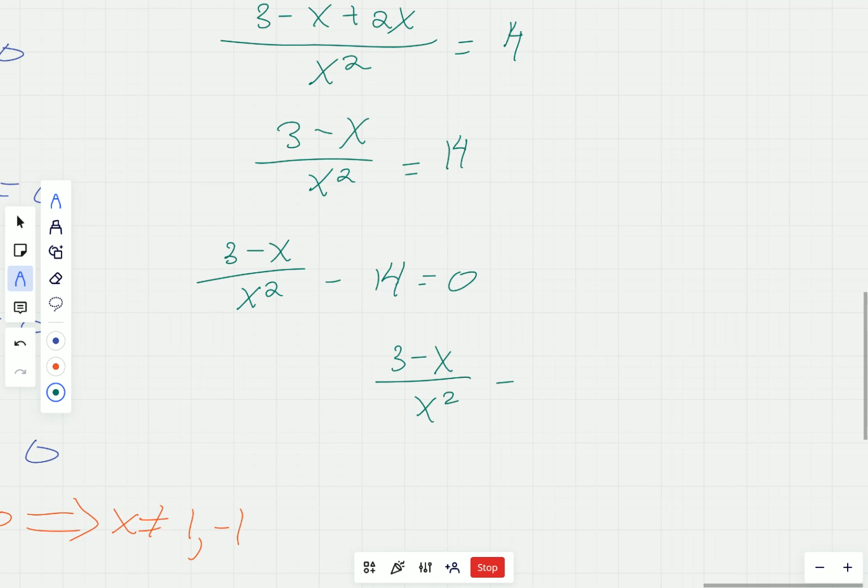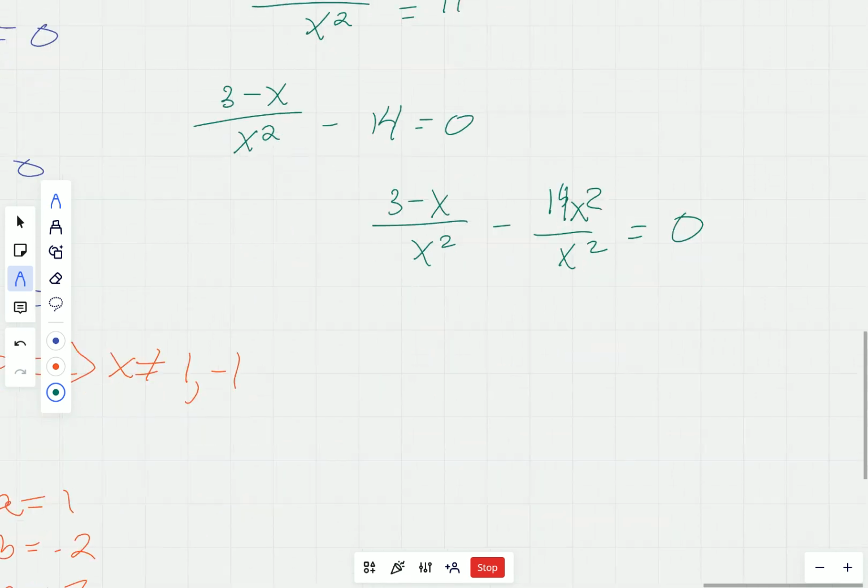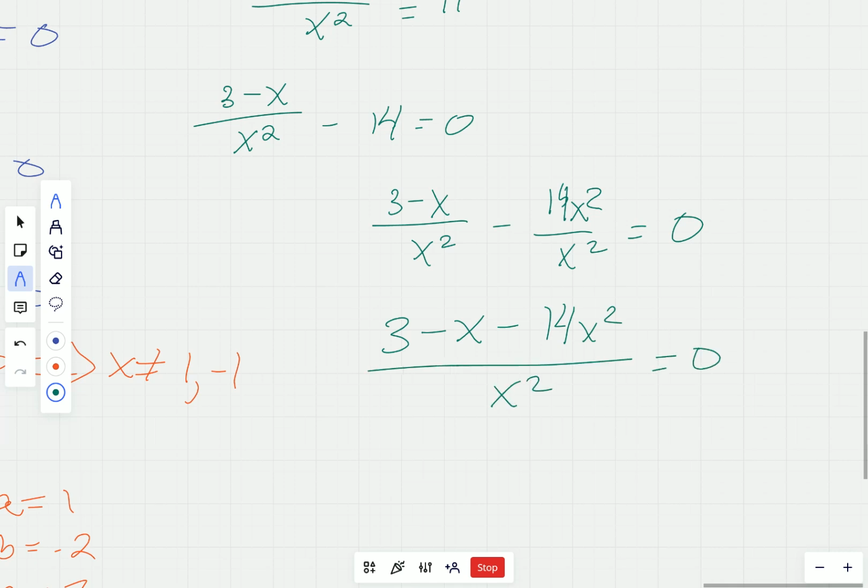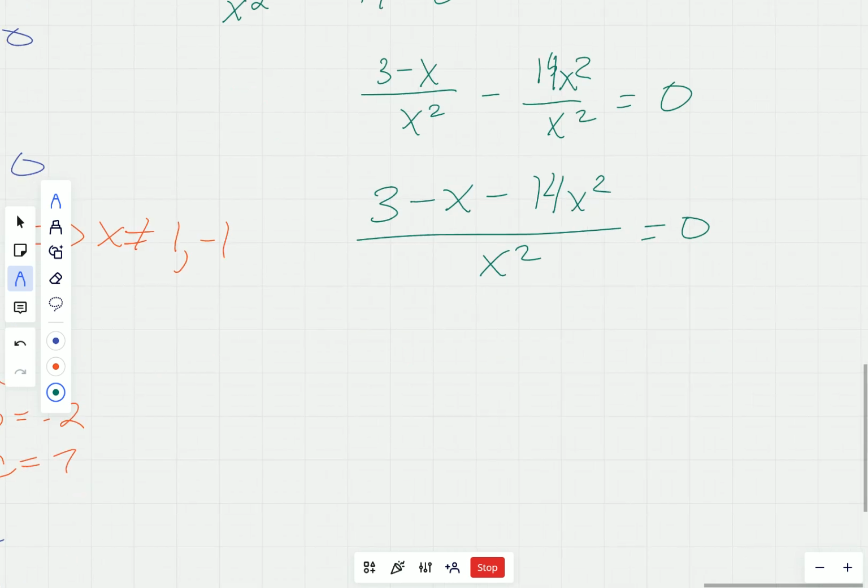That means multiplying the second term, the 14, by x squared in the numerator and denominator, and then subtracting the numerators. No idea if this is going to work. And then the only way this rational expression can equal 0 is if the numerator equals 0.